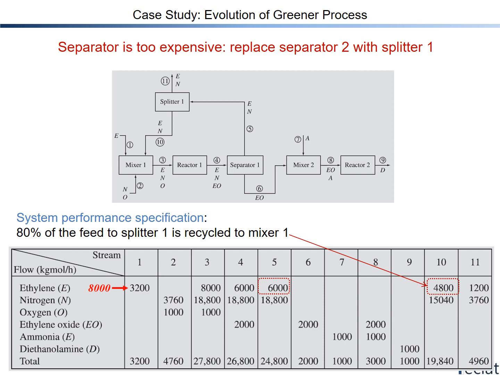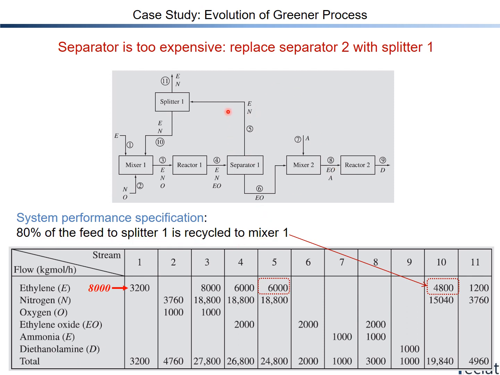One more redesign. We have used separators in the previous case. However, a separator is usually too expensive. So let me replace separator 2 with splitter 1. So only 80% of the feed to the splitter is recycled to mixer 1.